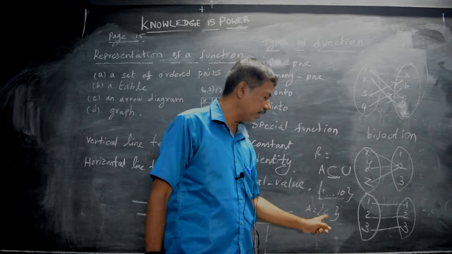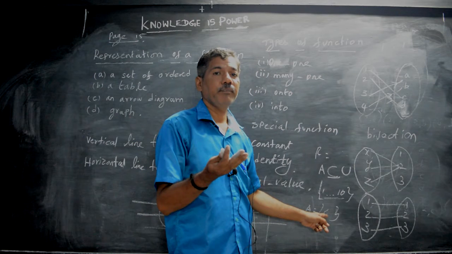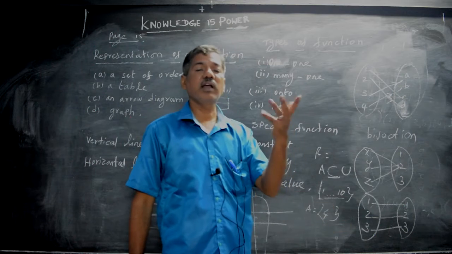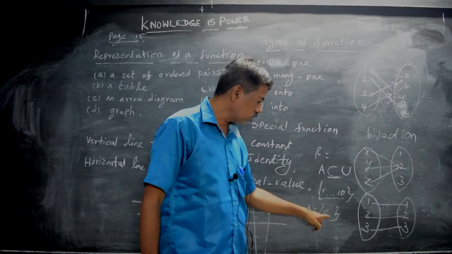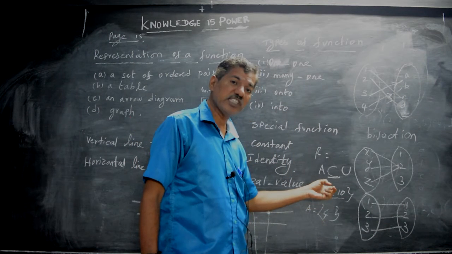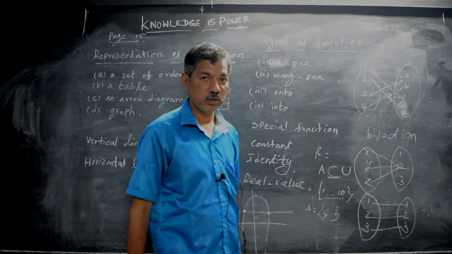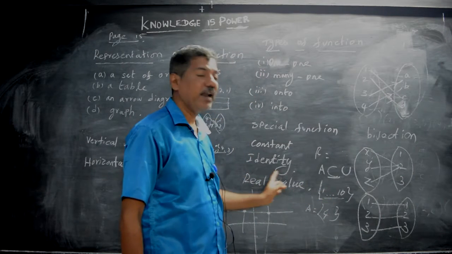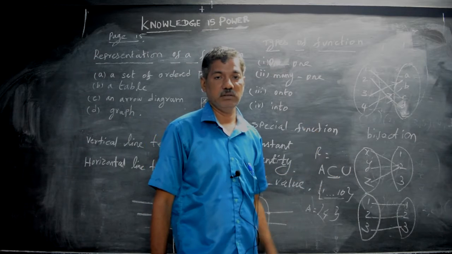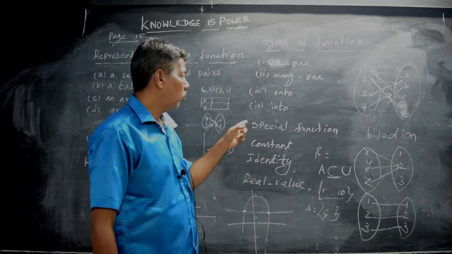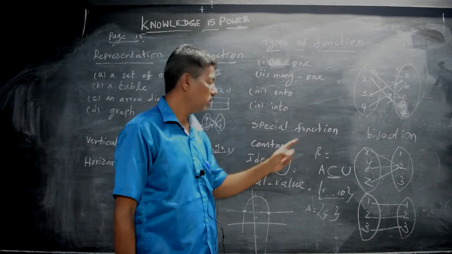Suppose in A I write 0 or 20 or 40, it is not a real value function because it does not come under that universe, this category. Some number from within this range should be there. Only if it is so, it is a real value function. Understand, is it clear? Okay.